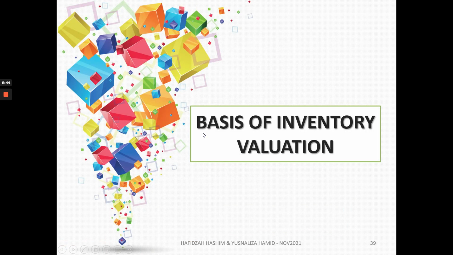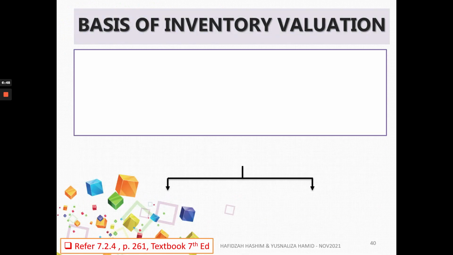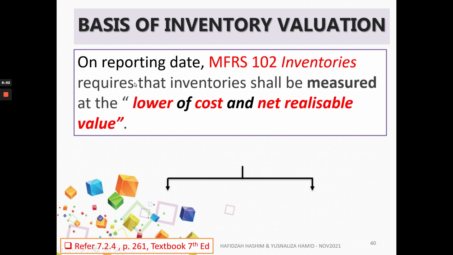Let's go to the basis of inventory valuation. In terms of the basis of inventory valuation, MFRS 102 prescribes that on the reporting date, inventory shall be measured at the lower of cost and net realizable value.